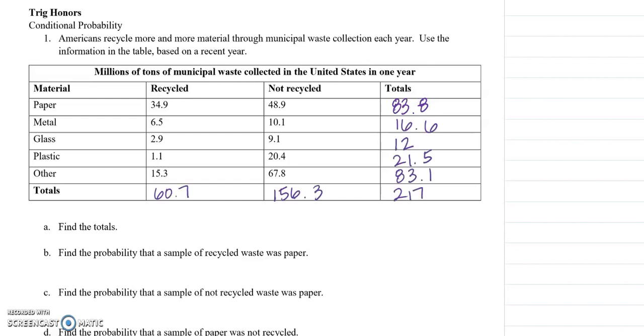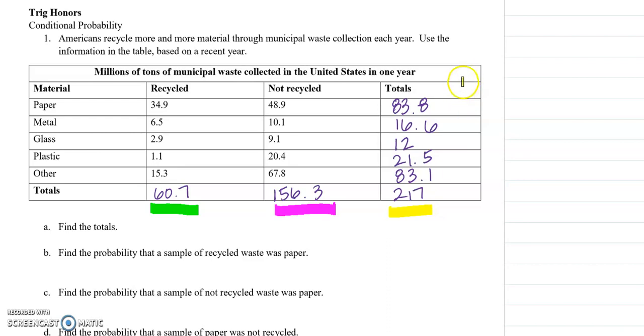In all the totals for us, I think it's important to understand what each of those totals represents. The entire table is about millions of tons of municipal waste collected in the United States in 1 year. So this total right here represents the total amount of recycled waste in millions of tons. This is the amount not recycled, and this value here represents all together, both recycled and not recycled.